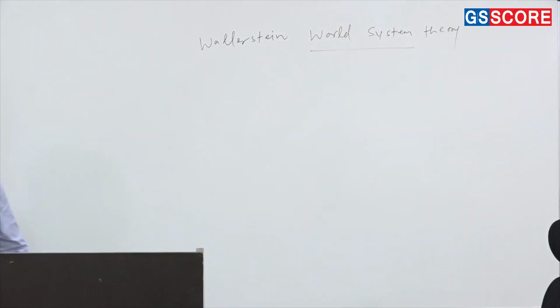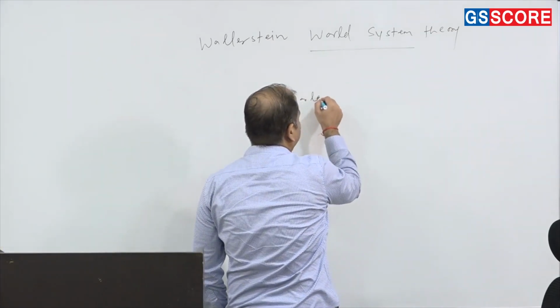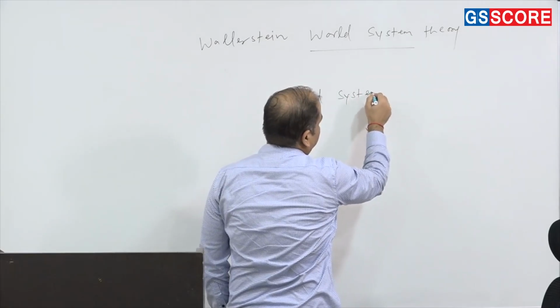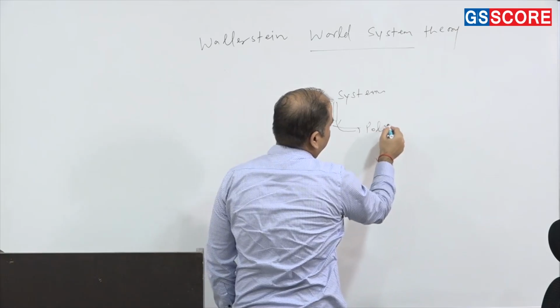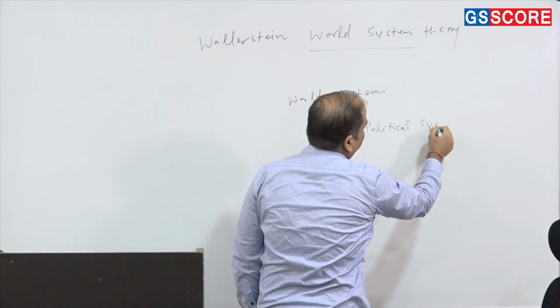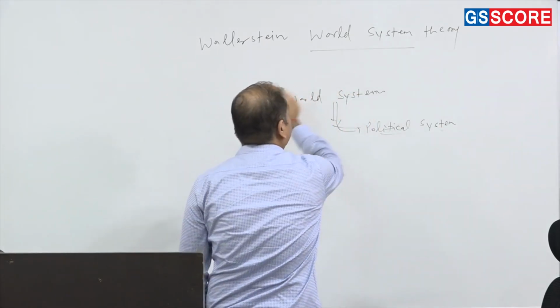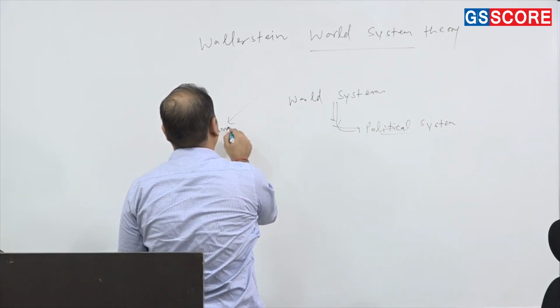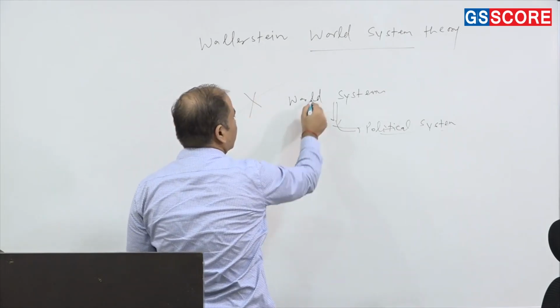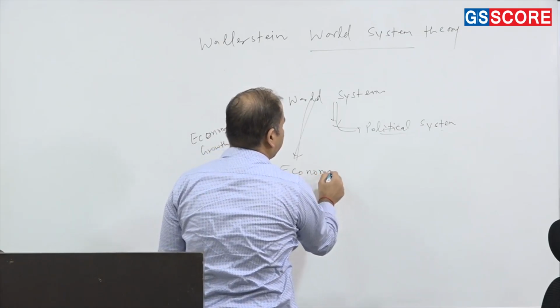His model is simply based on the world system, and when he referred to this world system, he doesn't mean it as a political system. He simply suggested that it is not the political system that will result in development. So economic growth is not associated with this; rather, this world system is simply the world economy.